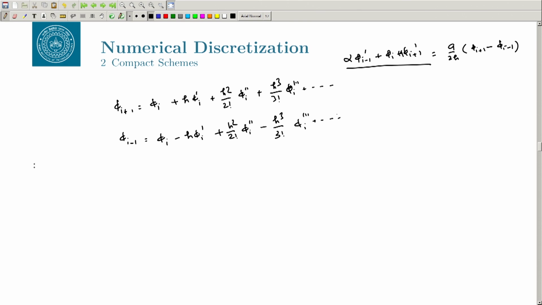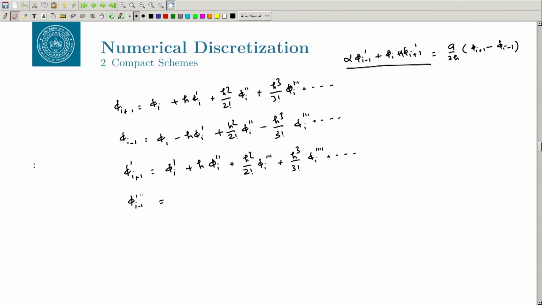And similarly, you have phi I plus 1 prime will be phi I prime plus h phi I double prime, right, because we already have 1 prime here, okay, and then you have h square by factorial 2 phi I triple prime and plus h cube by factorial 3 phi I 4 prime, and so on and so forth. And similarly, you have phi I minus 1 prime, okay.